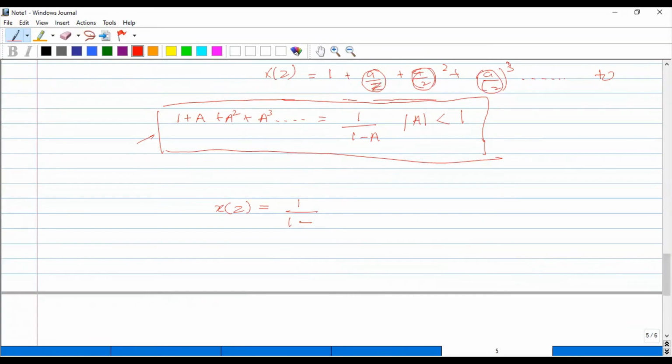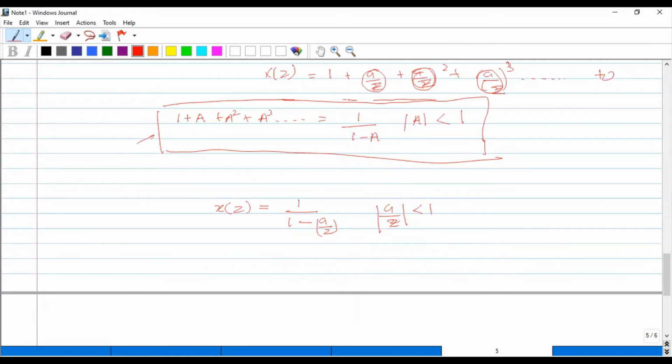Sorry, I'm sorry, a by z. So now it is 1 divided by 1 minus a by z. So this is the z transform, and the magnitude of a by z should be less than 1.